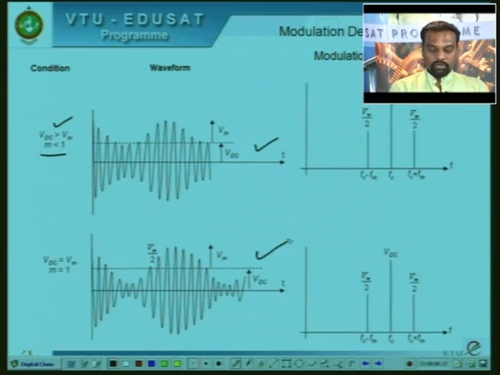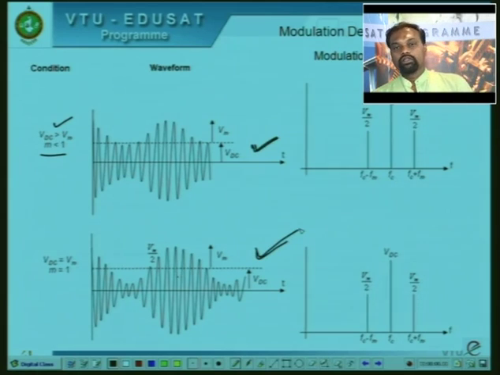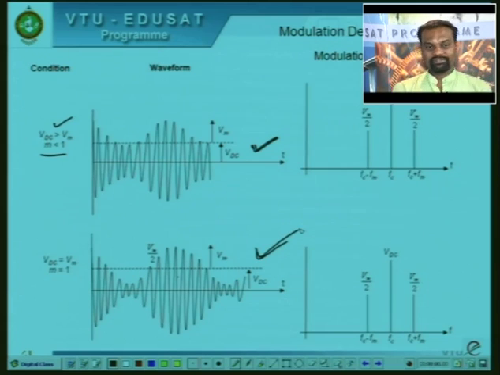Suppose M is less than 1, we have this signal. Now what is the difference between this and this? The difference is that in the first one, the amplitude of the carrier is larger. Because the amplitude of the carrier is larger, we get this signal over here, and M is less than 1.